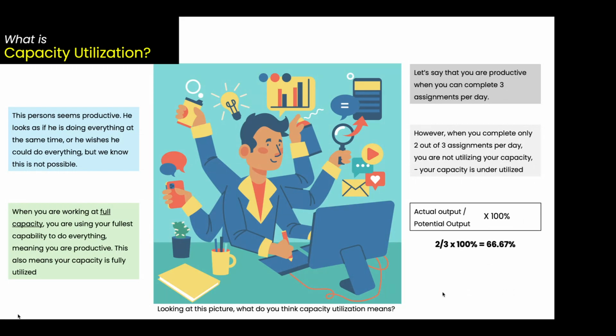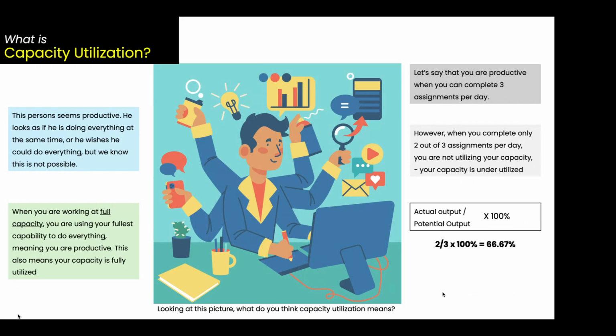Now, sometimes it's quite hard to be very productive or to utilize your fullest potential, maybe because you're not well that day, or you're too stressed out with assignments, exams coming up and deadlines, so you're not able to complete.